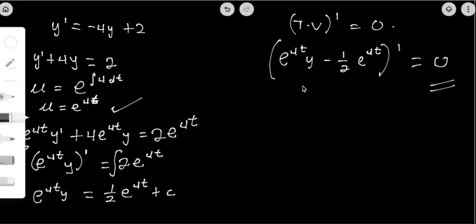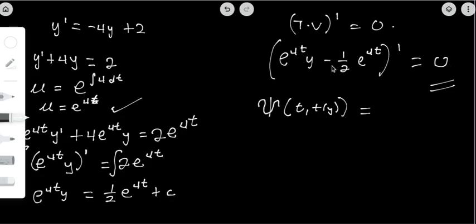Then it means that what is inside the bracket is called a potential function. The potential function is a function of t and y, the dependent variable, which is equal to, remember, if the total derivative is given as 0, then when we integrate the total derivative, the 0 becomes a constant.